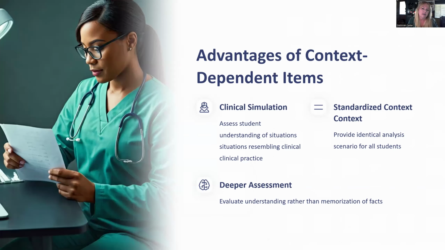Advantages of context-dependent items. You can simulate clinical situations, make sure they understand, kind of closing that gap between knowledge and practice. It can be standardized. You can provide all the students with the same scenario and see their process of thinking.